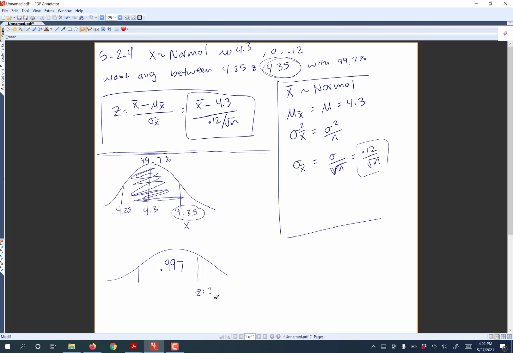Well, to do this, let's do 1 minus 0.997, which gives me 0.003, and divide by 2. So that gives me 0.0015 in each tail. You can see it's symmetrical because we have 4.35 and 4.25. They're both equal distances from 4.3. So I go to my normal table.